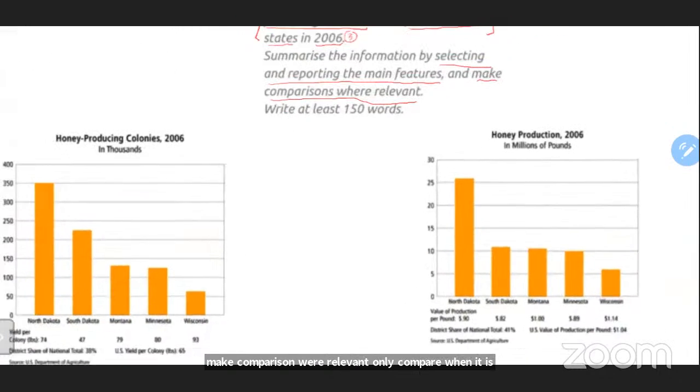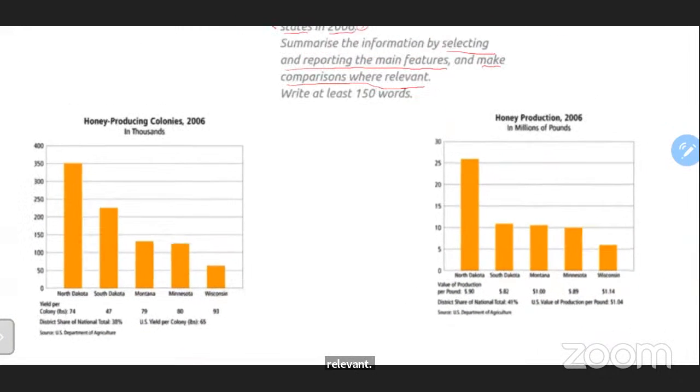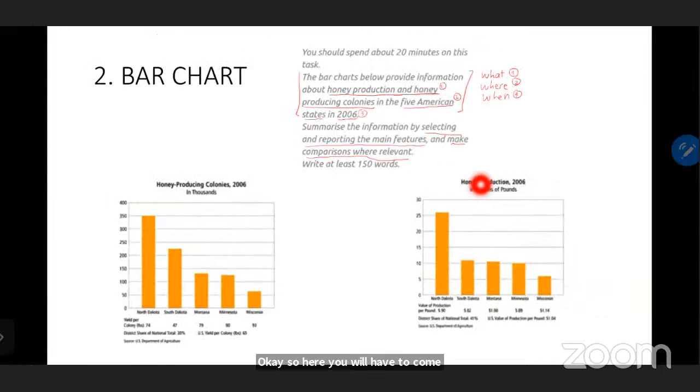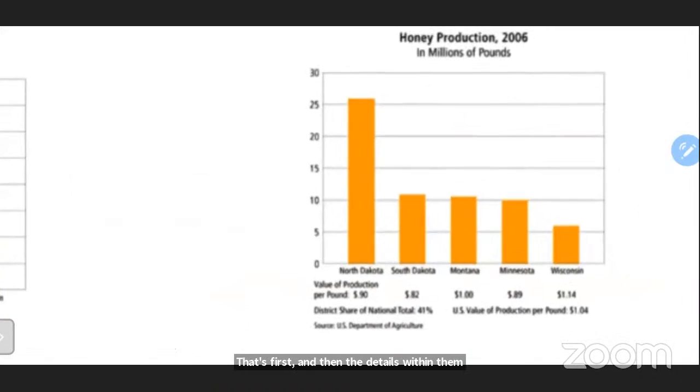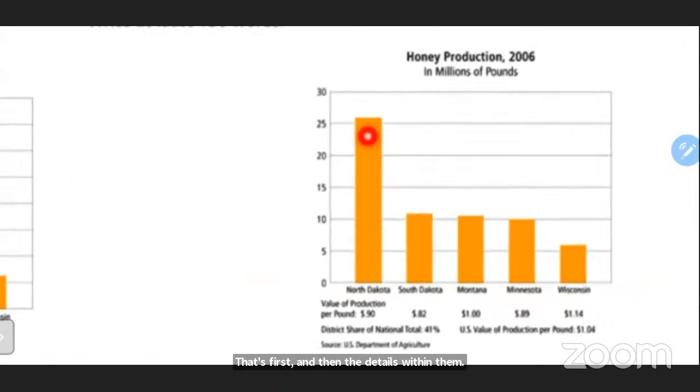Okay, so here you will have to compare between the two of them. That's first. And then the details within them. Of course, you have to know what this represents, and so on.